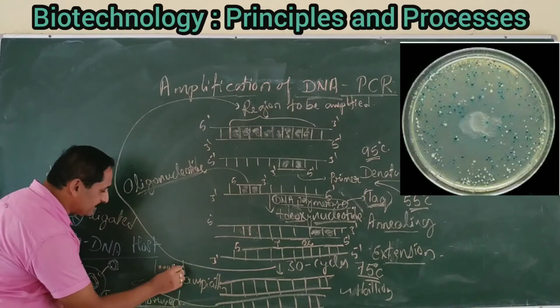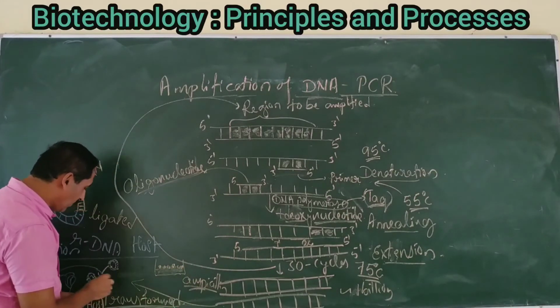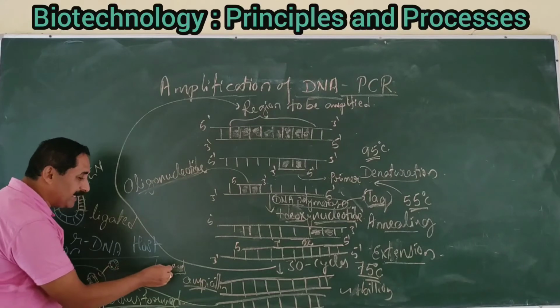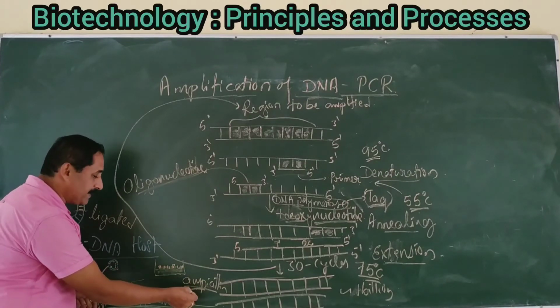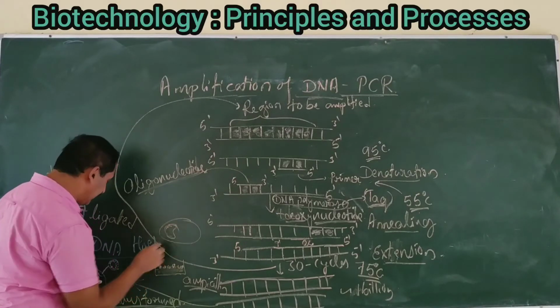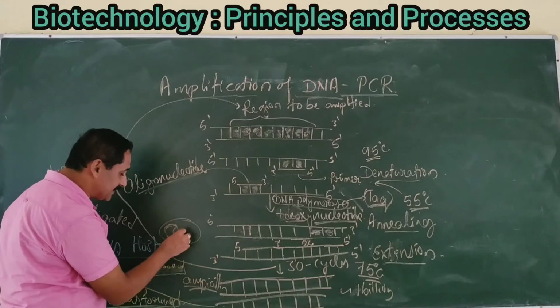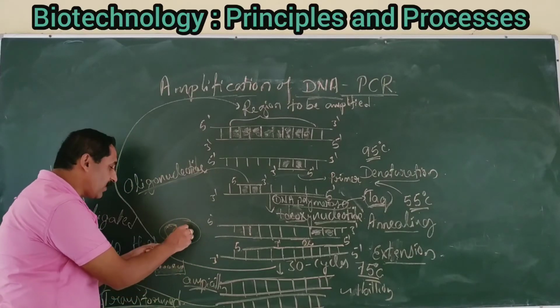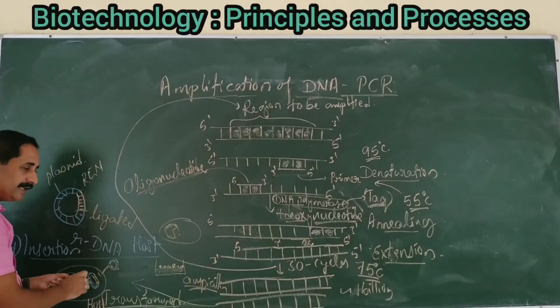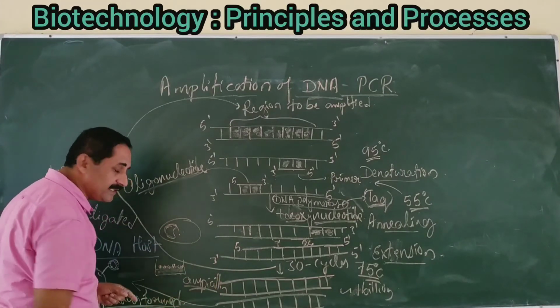We have to plate these bacteria in a nutrient media which contains ampicillin. Only the recombinant will grow. The ampicillin kills the non-recombinant. The non-recombinant does not have any rDNA, does not have any ampicillin resistant gene. So all such non-recombinant bacteria are destroyed by the ampicillin.